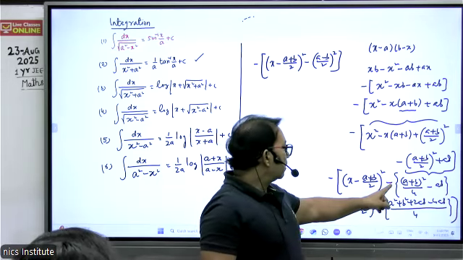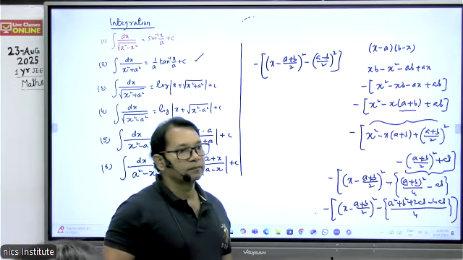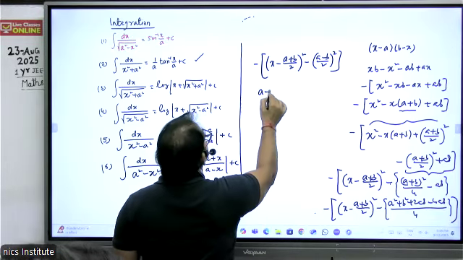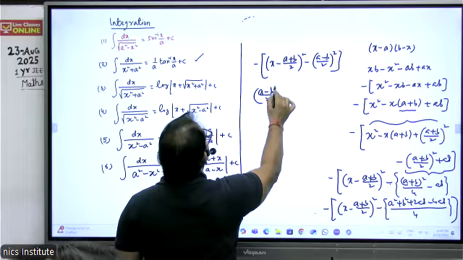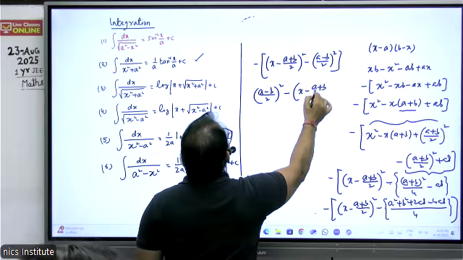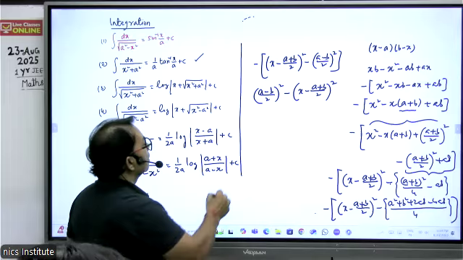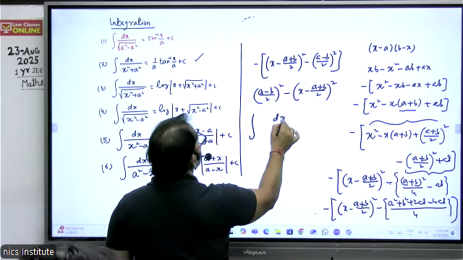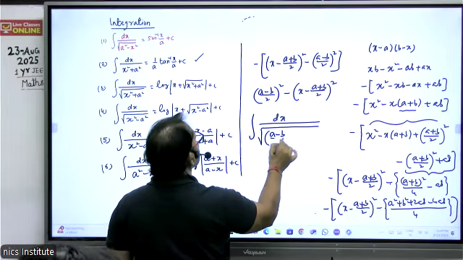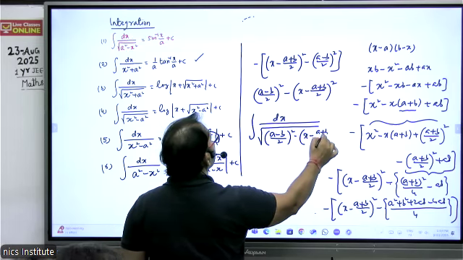I have taken minus sign common, so minus sign took LCM 4ab, then you multiply the negative sign inside. So this is the process of completing the whole square. So this is your question now: dx divided by root of a minus b by 2 whole square minus x minus a plus b by 2 the whole square.